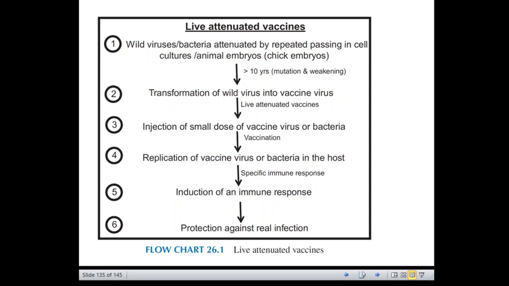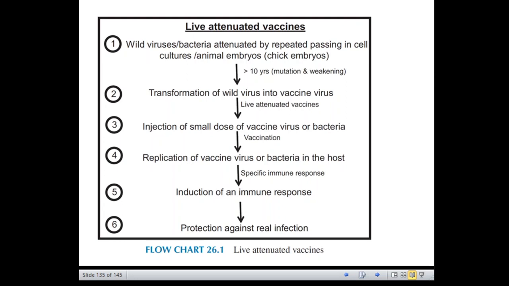So how is this accomplished? This is accomplished by serial passage through a foreign host, say for example tissue culture, embryonated eggs or live animals for multiple generations.